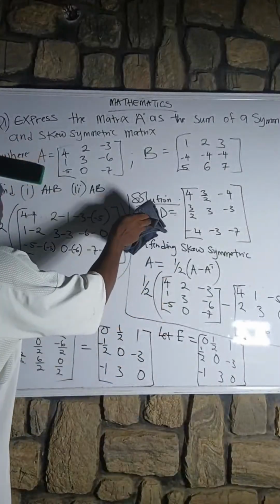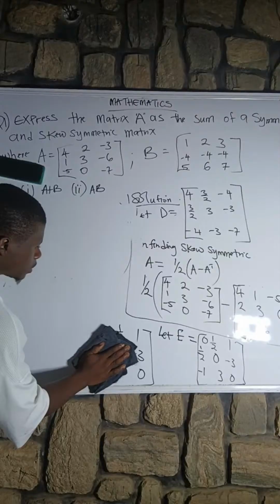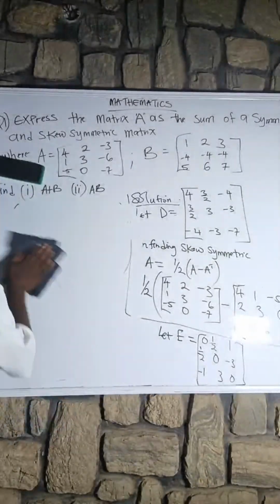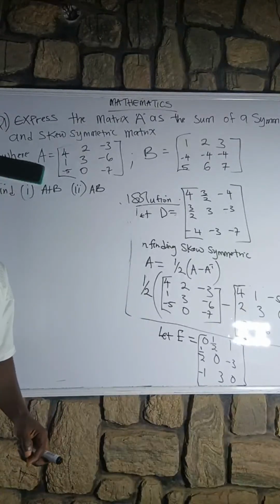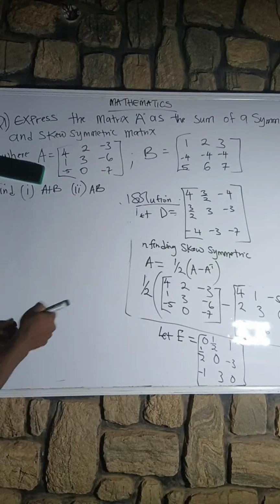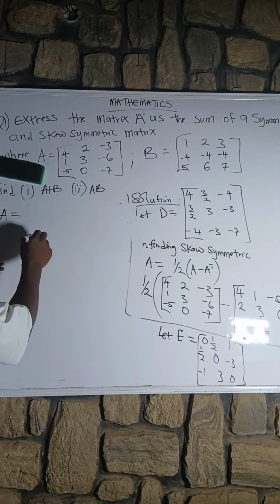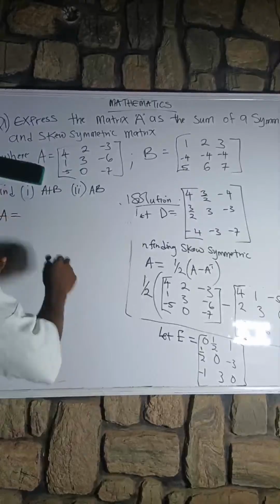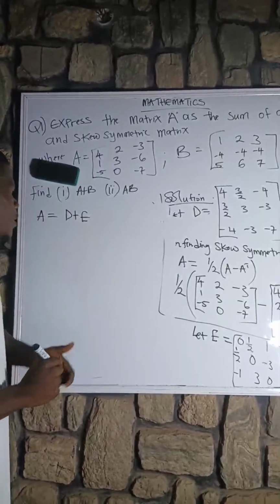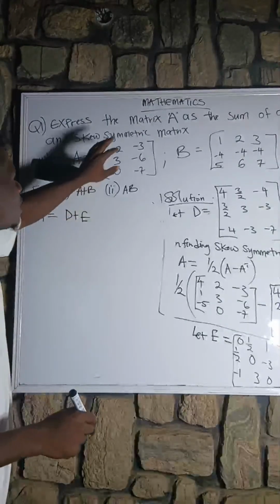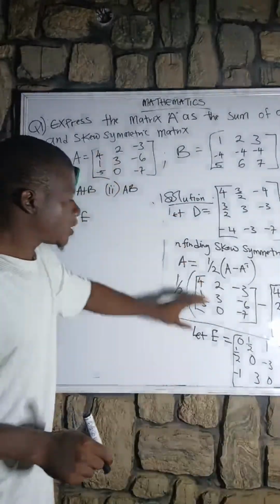Now, matrix A should be equal to D plus what? E. Where we know that D is the solution of the symmetric matrix, while E is the one of what? The skew symmetric matrix.